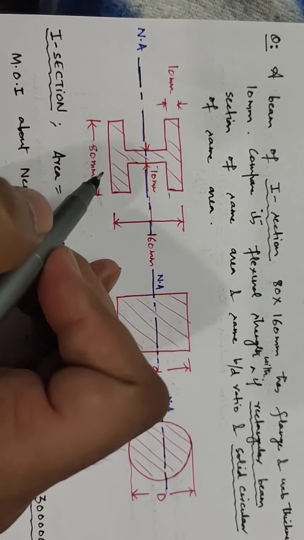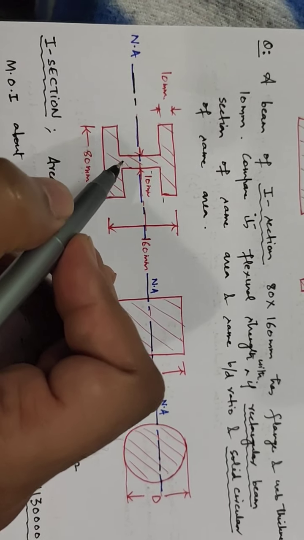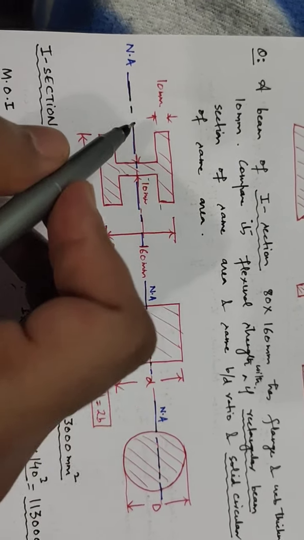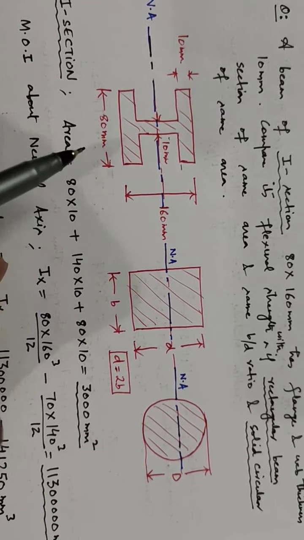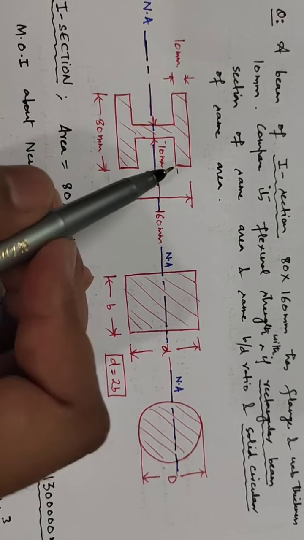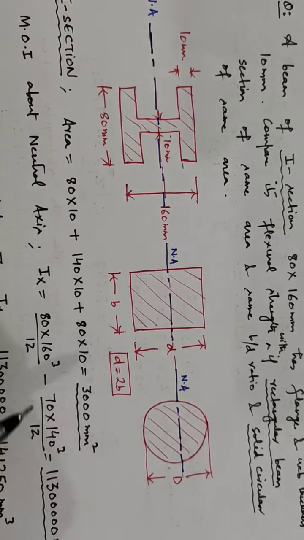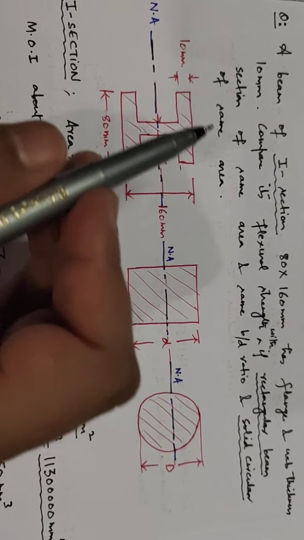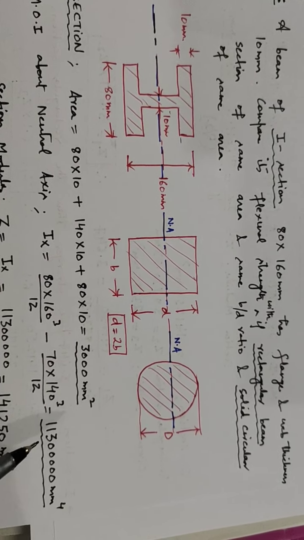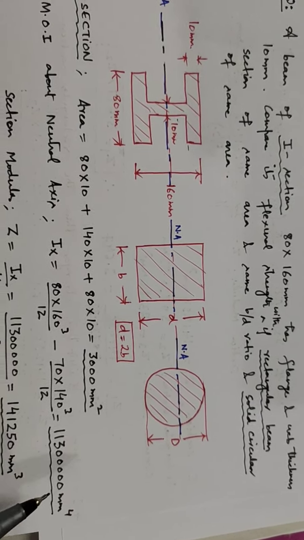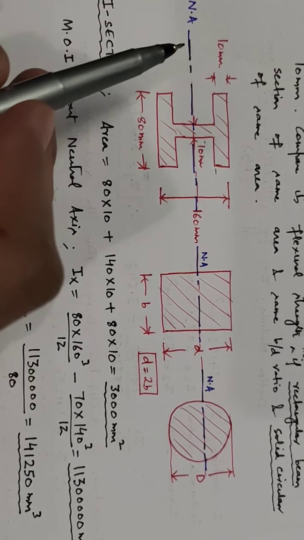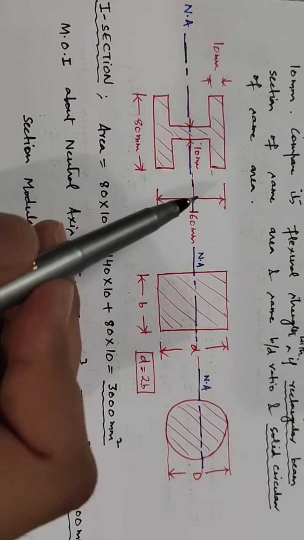So this total is 80, 80 minus 10, 70, and this will be your 140. That is 70 into 140 cube by 12. So this is the moment of inertia of this I section about the x-axis. Similarly, the section modulus Z will be equal to moment of inertia about this axis divided by y.